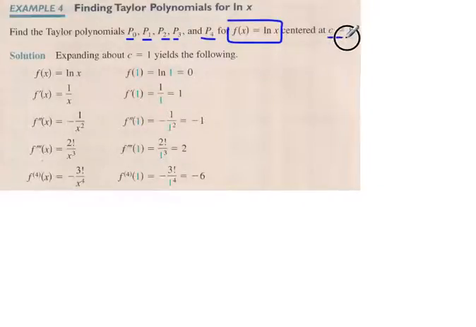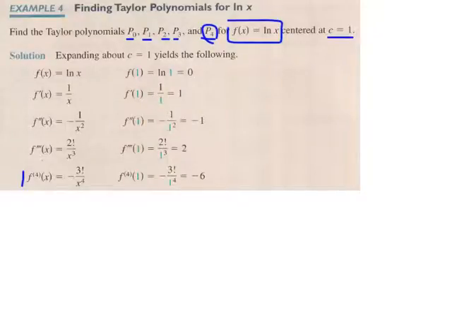And let's pick c equals 1 for this one, so it's not just a Maclaurin polynomial. Okay? So the first step is just take some derivatives of your function. So natural log of x, take a derivative, take another derivative, take another derivative. Start looking for patterns here. We wanted fourth order eventually, so that's why we stopped at the fourth order derivative.